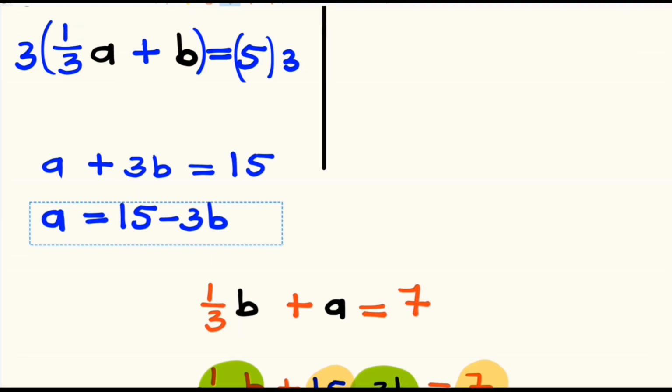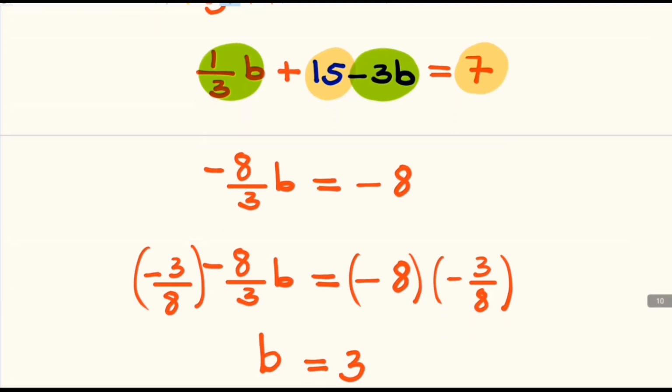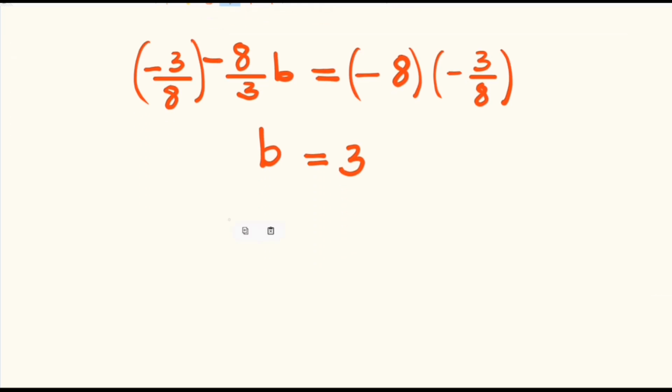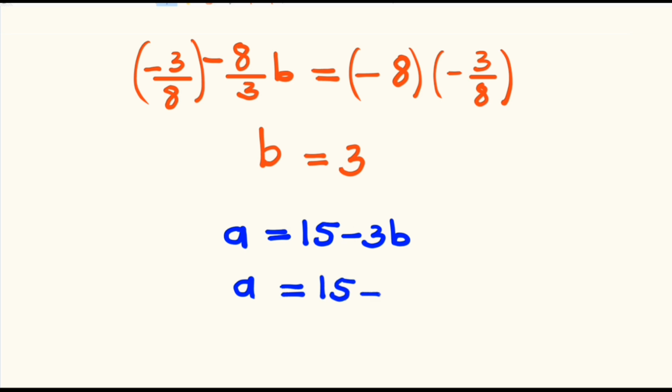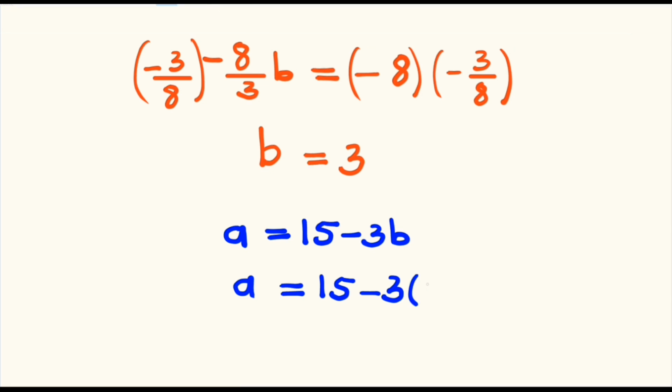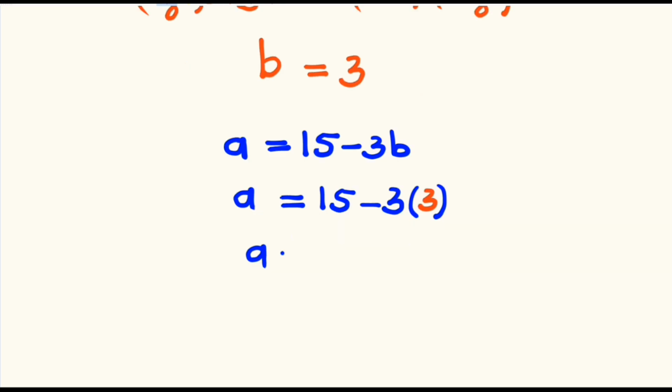So now let's determine the value of a. So we copy and paste that equation. In the place of the b, we substitute the positive 3. And our a will be equal to 15 minus 9, which is equal to positive 6.